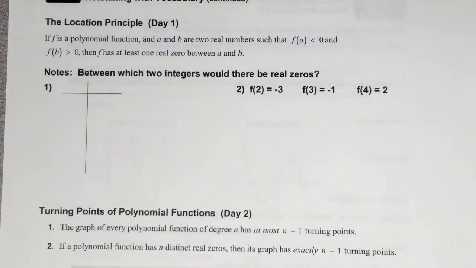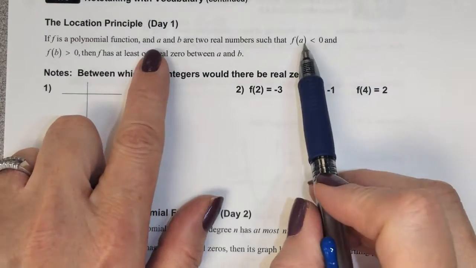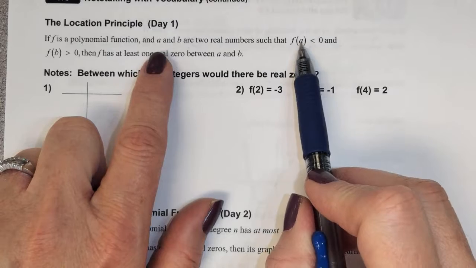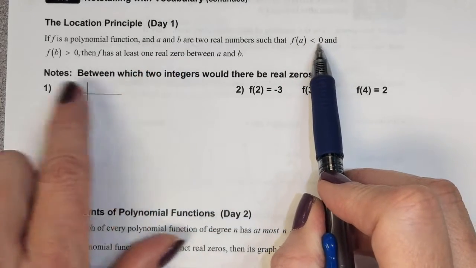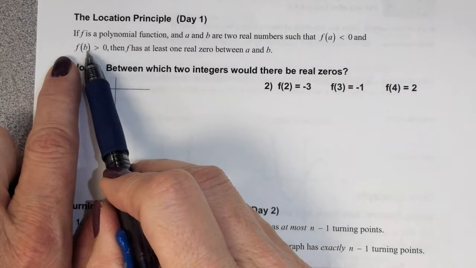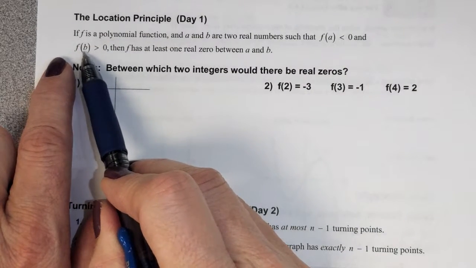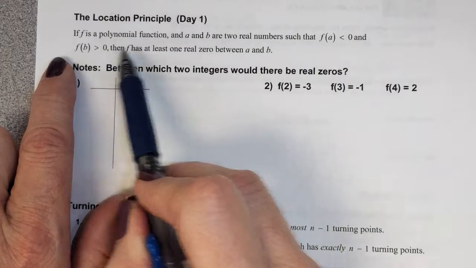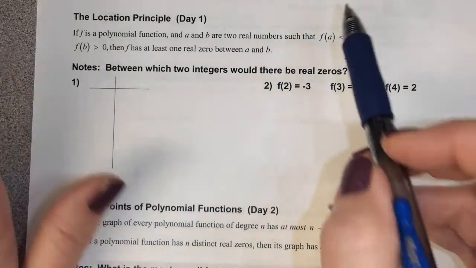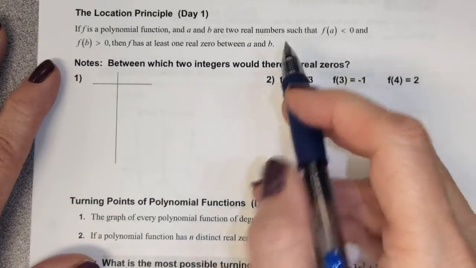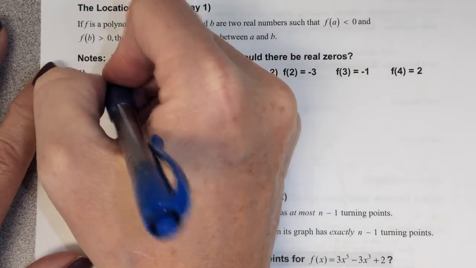So what this is saying is that we plug in a value for a, and if that answer is less than 0, and we plug in a number b, and the answer for y is greater than 0, then we have to have a real zero in between. That may not make sense when you look at it this way, but look at it this way. Let's say we have a table of values.